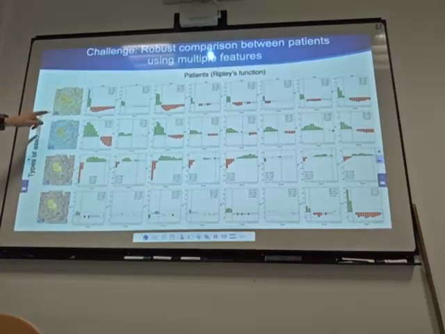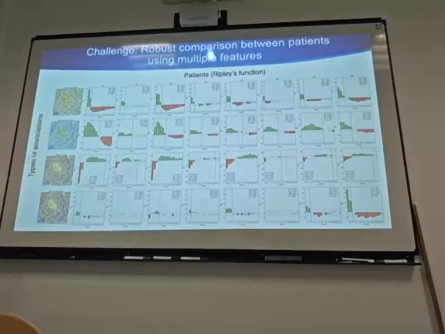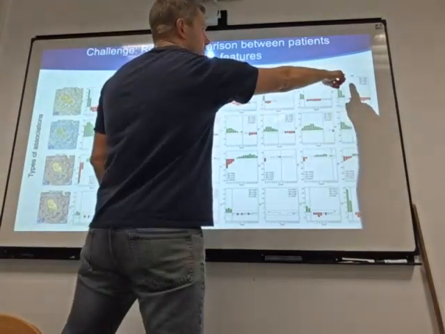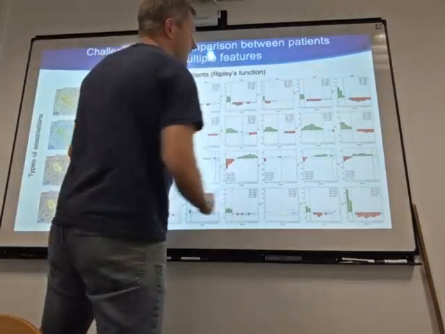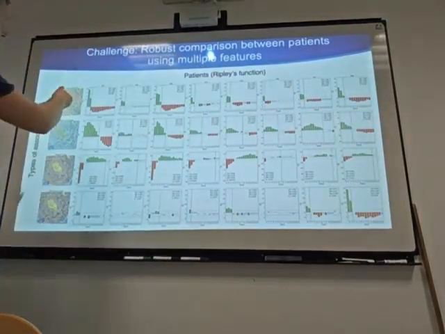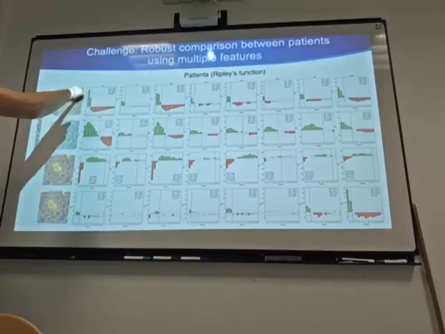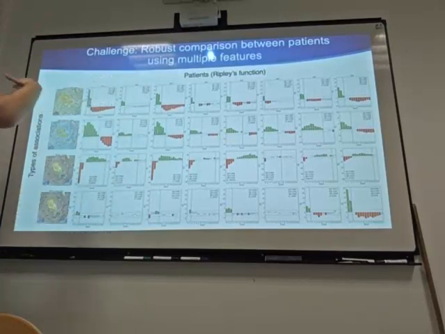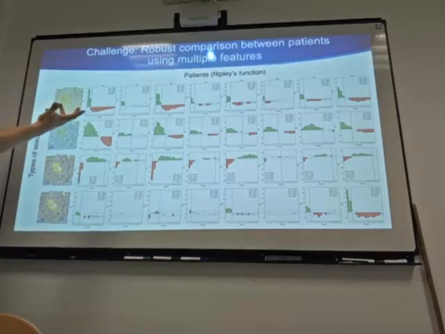But even if you look at one-to-one relation, so for example, as I mentioned before, the T cell, one type of cell to another, vice versa, and the accumulation of 1 and 2, even by looking at this association, these are 8 patients, A1 to A8, and for each patient, you can look at this Ripley analysis, and you see that actually you have a lot of variability between the patients, and still you see conserved patterns.